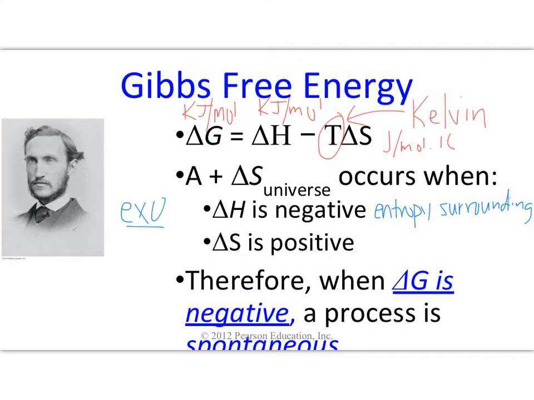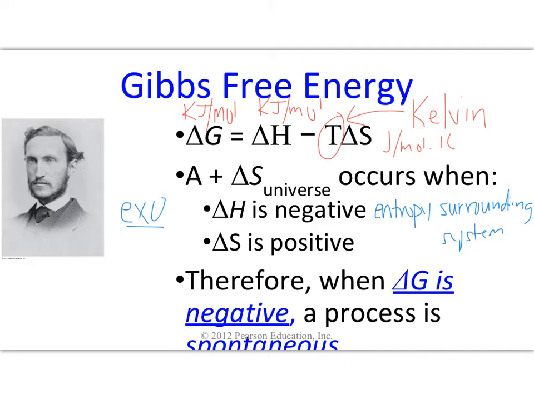Exothermic reactions release heat, and therefore releasing heat into the surroundings will cause an increase in the entropy of the surroundings. Delta S is considered the entropy of the system. And so a positive delta S is leading to an increase in the entropy of the system.